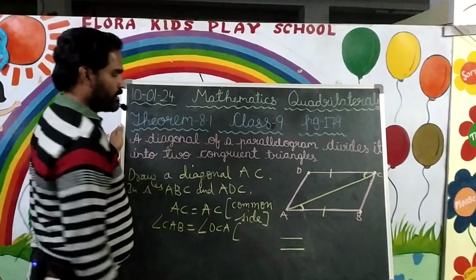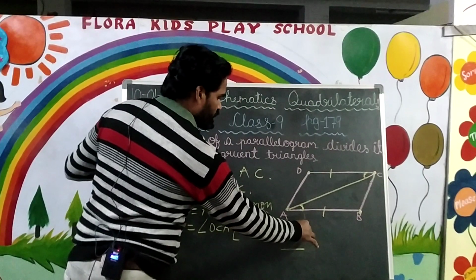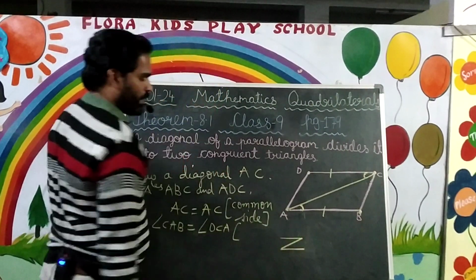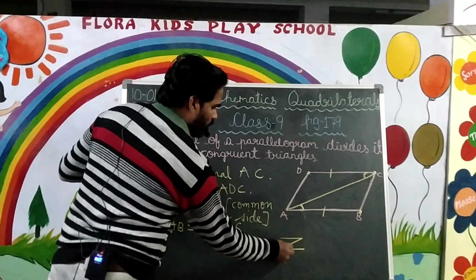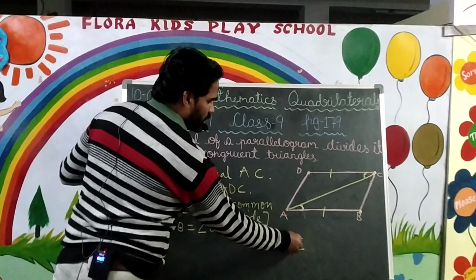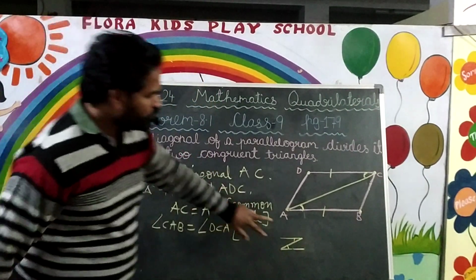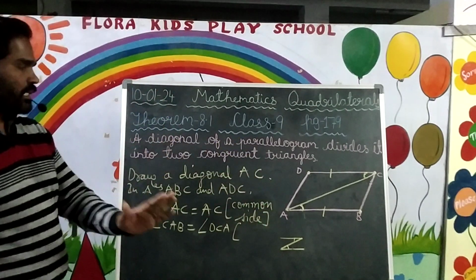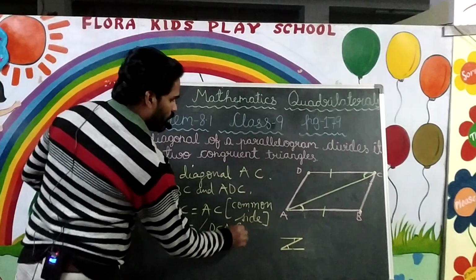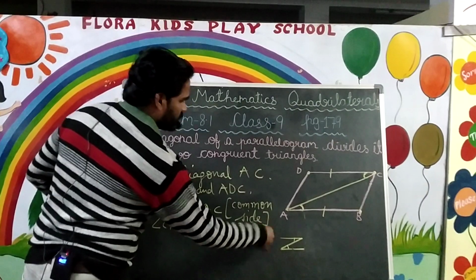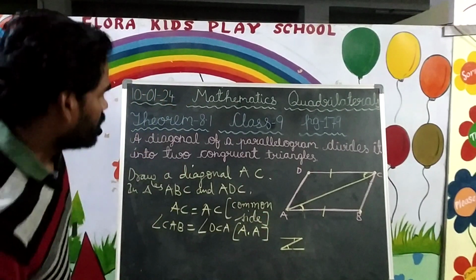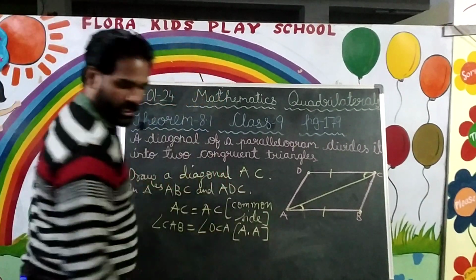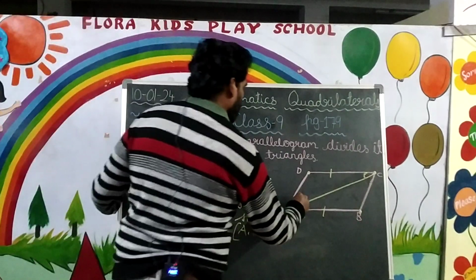Whenever there are two parallel lines and a transversal intersects both the parallel lines, two angles are formed. One angle is over here, another angle is over here. These two angles are equal because they are called alternate angles.